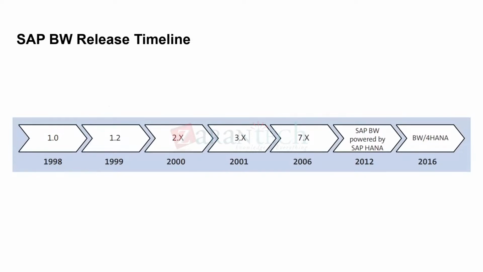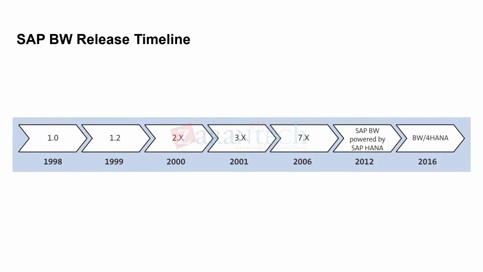1.0 version was released somewhere in 98, 99, 1.2, 2002.x. So I have seen, I believe, a little bit of 2.0b, but from 2001 onwards, I have been looking into this software. I have seen lots of changes, and the best I would say is BW for HANA, because it has oversimplified it.